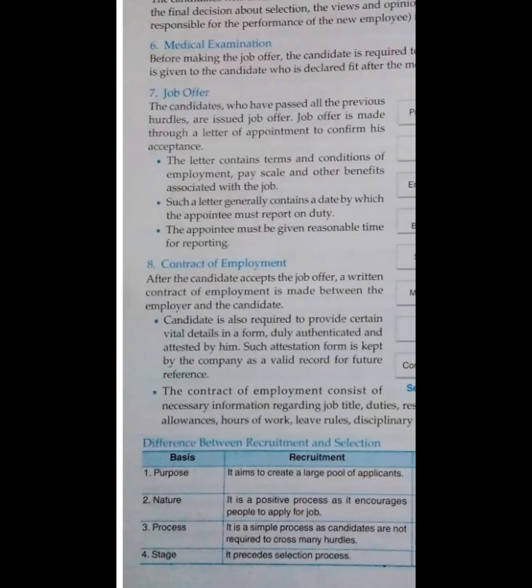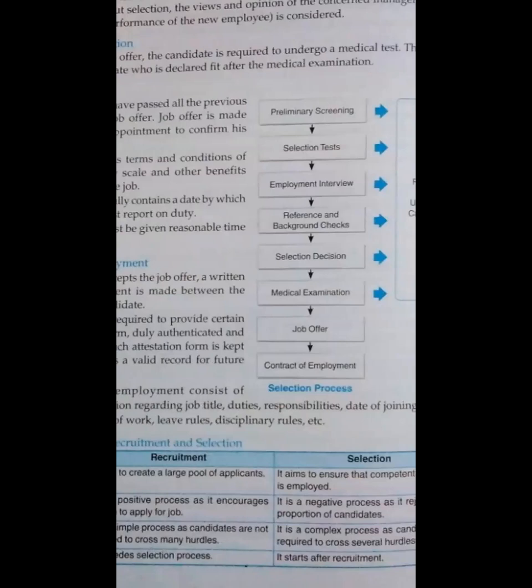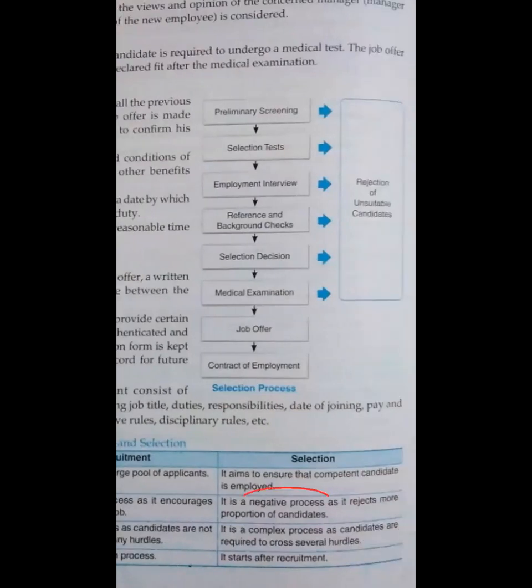Whereas in selection it is negative. Why? What's the reason? For example, let me show you one small example. It is possible to become a pilot. Is it possible for everyone to become a pilot? The first criterion, eye power, right? That itself, I will be disqualified because I am wearing specs.